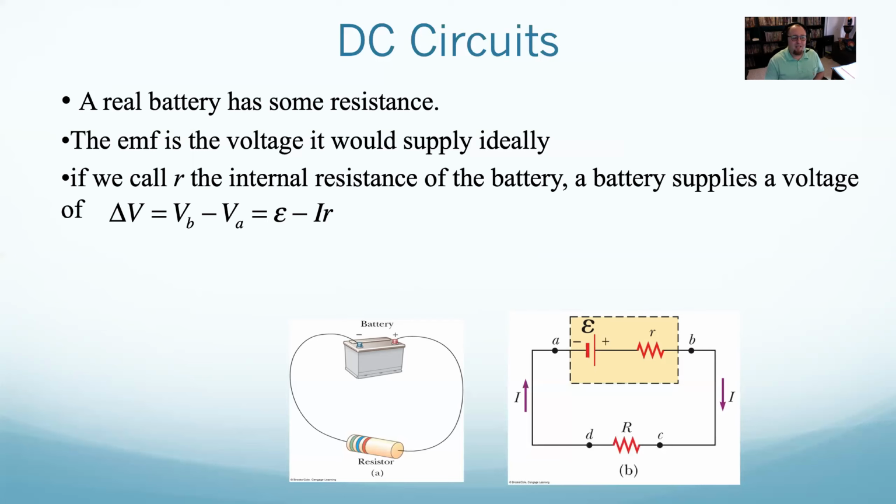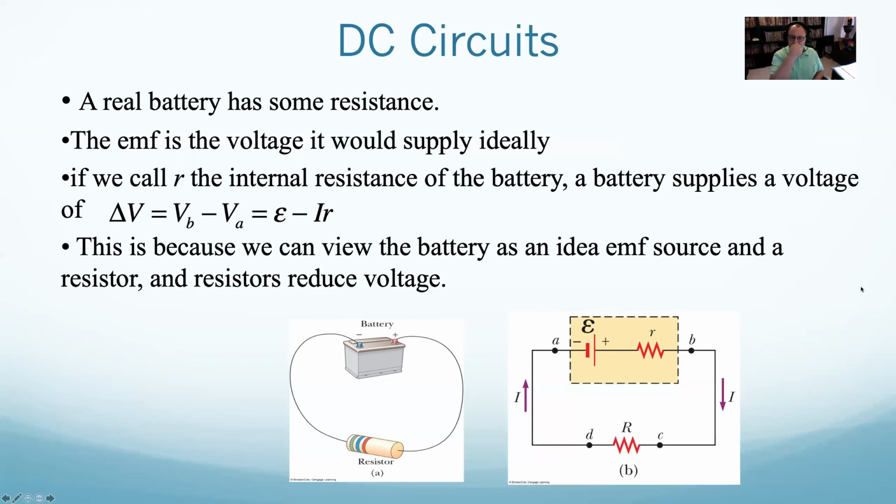And we can say really the voltage coming through a battery is whatever the EMF is minus the internal resistance times the current. For this reason, batteries are sometimes drawn as a power supply and a resistor right next to it, as I show in this bottom right. That's just to say, let's say we have an ideal battery attached to this resistor, instead of, let's say, one real battery. It's just an easy way to deal with it. A real battery is just a battery and a resistor shoved together.